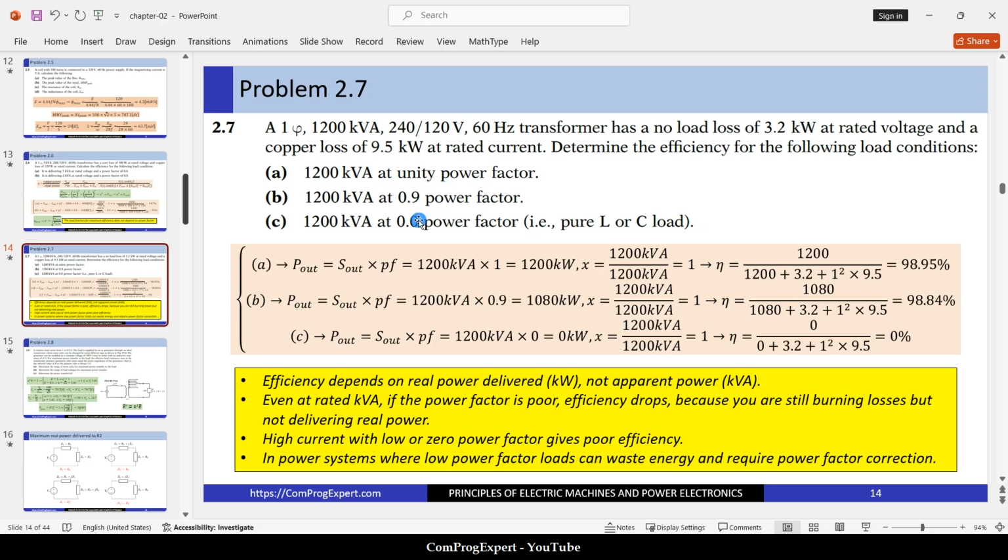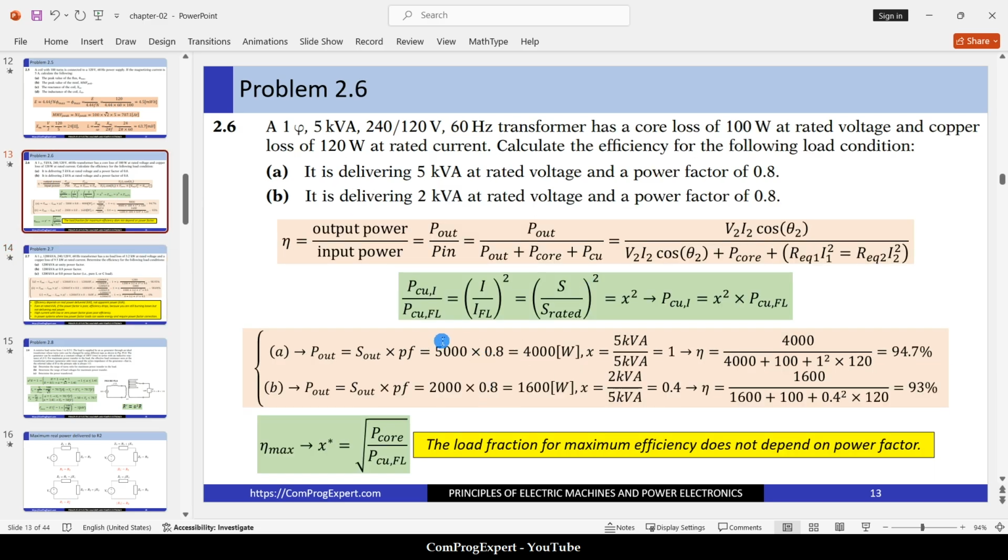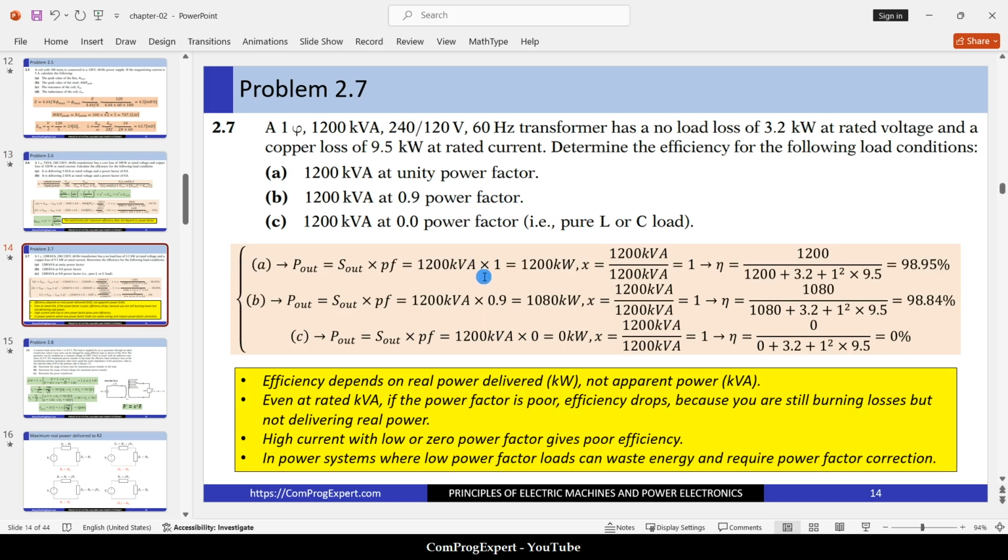So we can use the same equations that we had for the previous problem and write S out times the power factor. This is the load fraction. X is equal to 1 for part A. The efficiency is equal to 98.95.